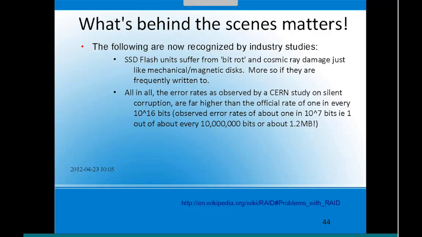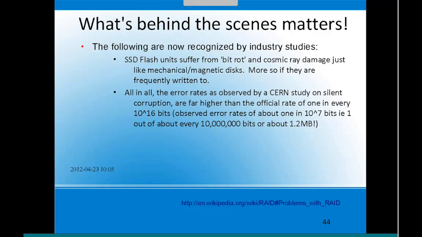The error rates observed by a CERN study that we're going to talk about in a few minutes on silent corruption showed that the actual bit error rate was not the predicted 10 to the 16th or 10 to the 17th bits, the way the drive manufacturers report, but they were observing error rates of 1 in 10 to the 7th bits, or about 1 in every 10 million bits, or about 1.2 megabytes.